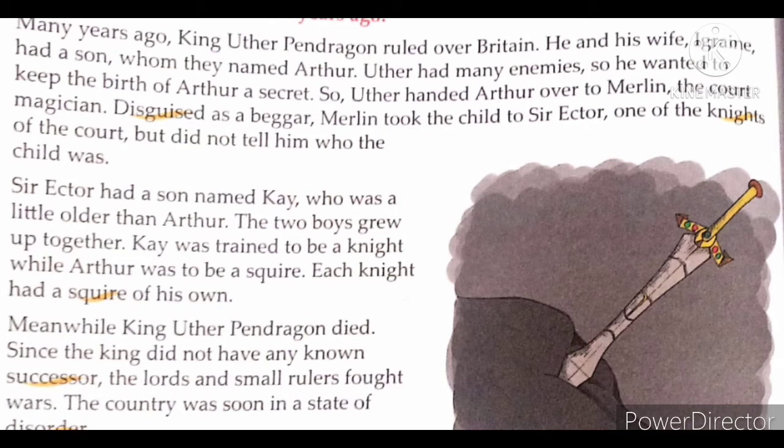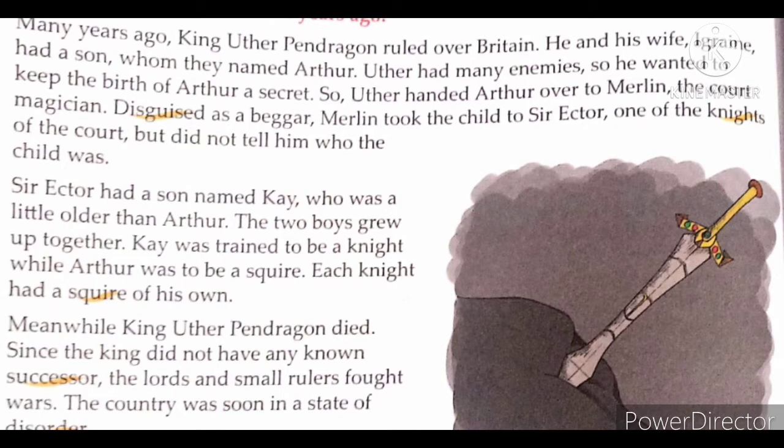So, children, what we have read, King Uther and his wife had a son named Arthur, right? The king had many enemies and he wanted to save his child from his enemies. Therefore, he kept the birth of Arthur a secret and handed over his child to Merlin.